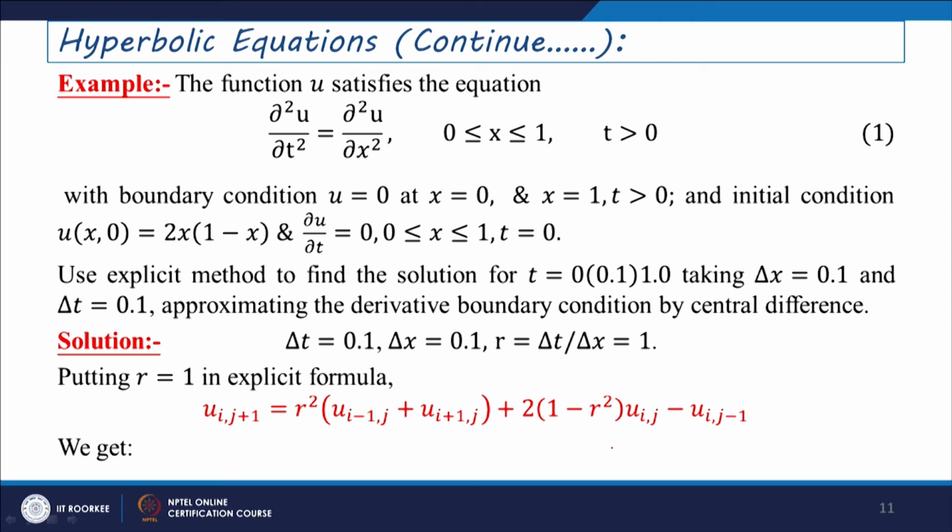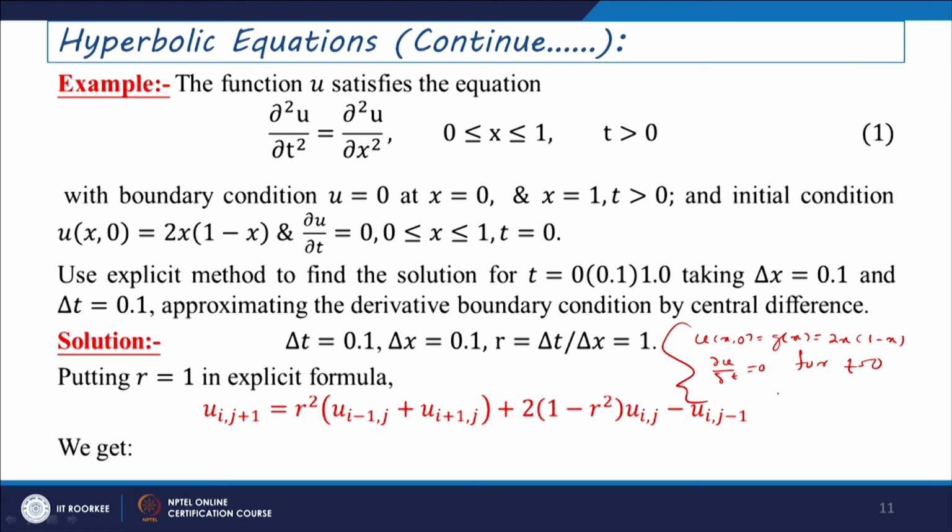So these are your initial conditions: u of x, 0 is g of x, which is 2x into 1 minus x, and the other initial condition is del u by del t equals 0 for t equals 0.